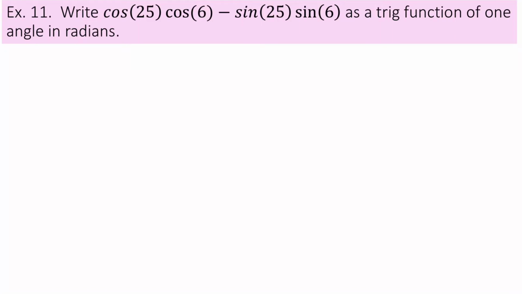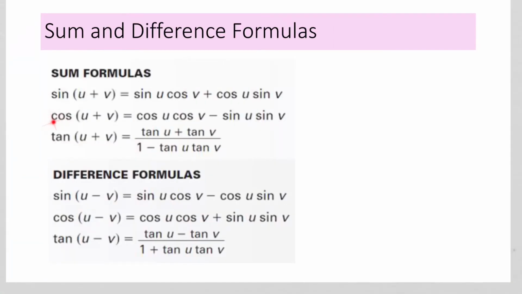All right, so this one says write the cosine of 25 times the cosine of 6 minus the sine of 25 times the sine of 6 as a trig function of one angle in radians. So let's see. If we have cosine minus sine, and this is u and this is v, let's go back to our formula page, and we can see that that's going to be the cosine of u plus v.